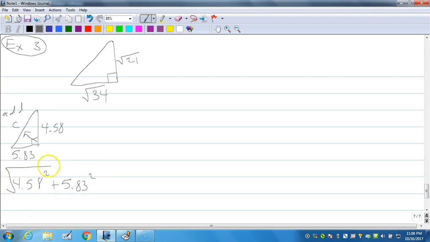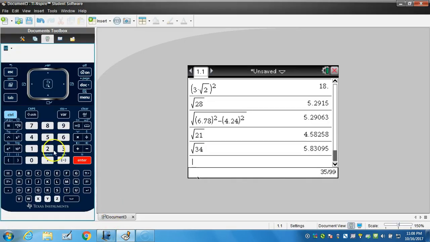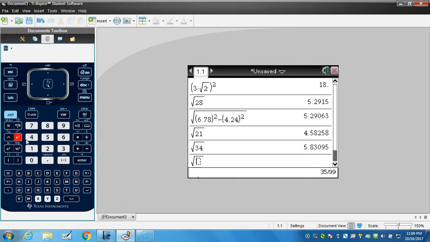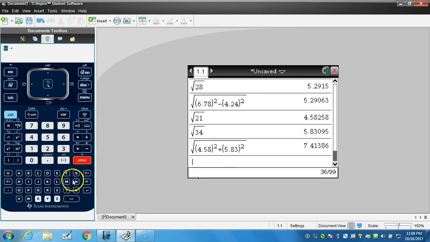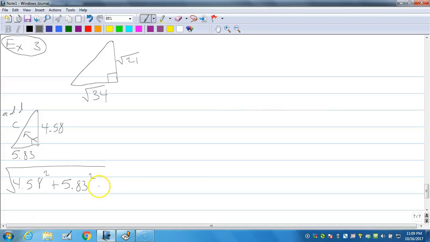Put that in. Don't forget to square root it. Put that in the calculator. 7.41. There you go. That's good. And you're done.